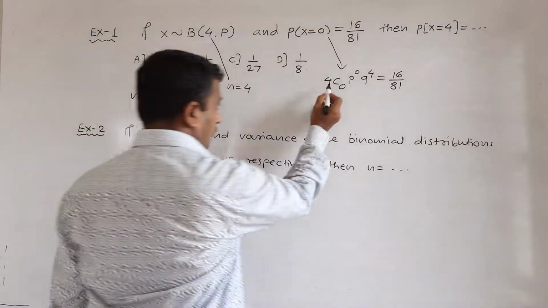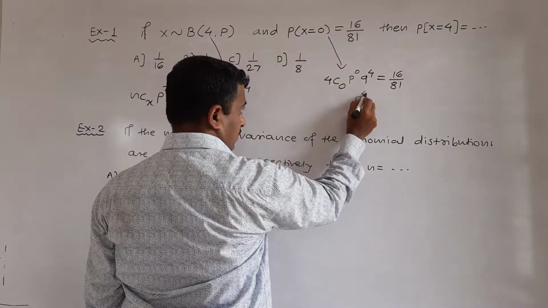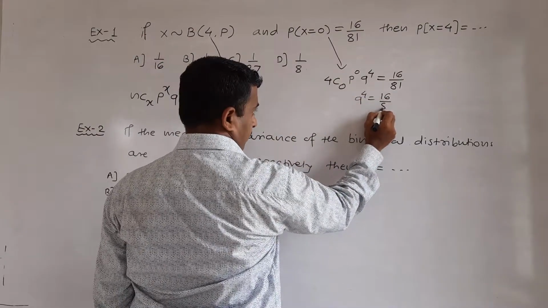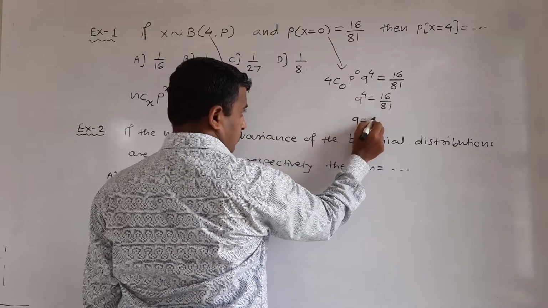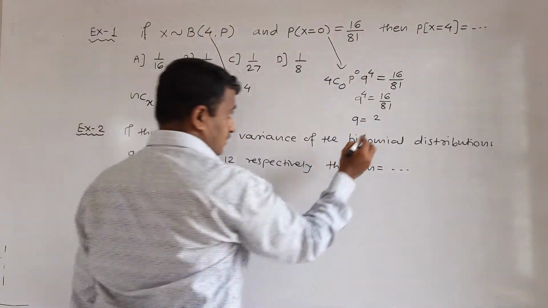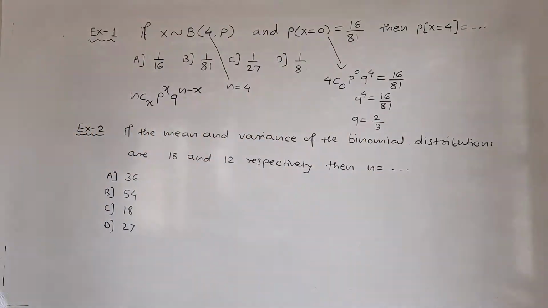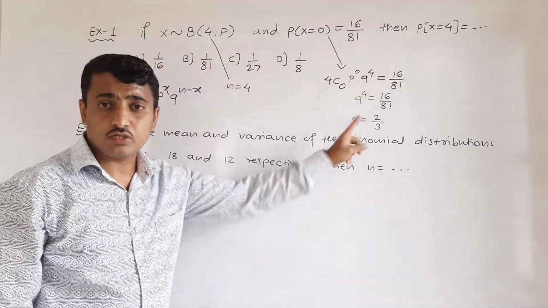That is 4C0 is 1, p raised to 0 is 1, neglect, q raised to 4 is 16 upon 81. Therefore q is equal to, taking the power 1 by 4, q is equal to 2 by 3.